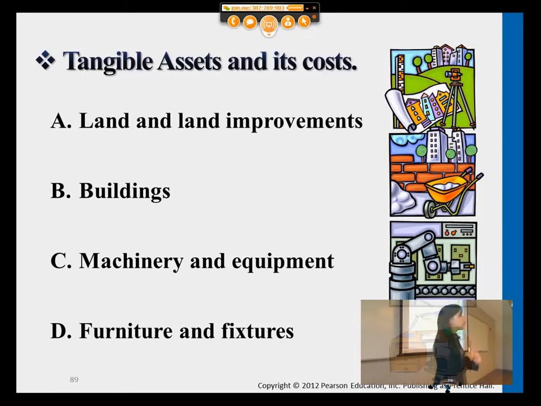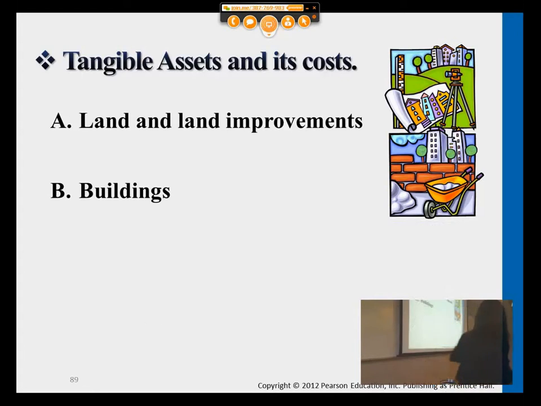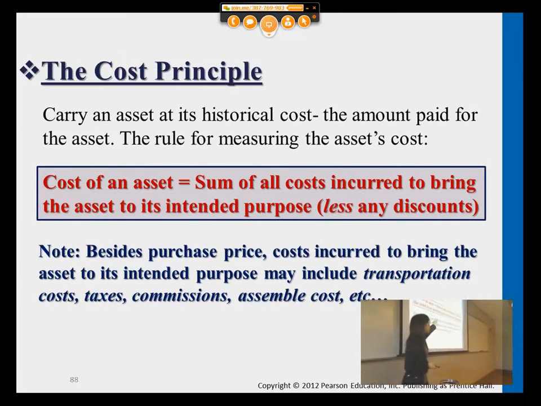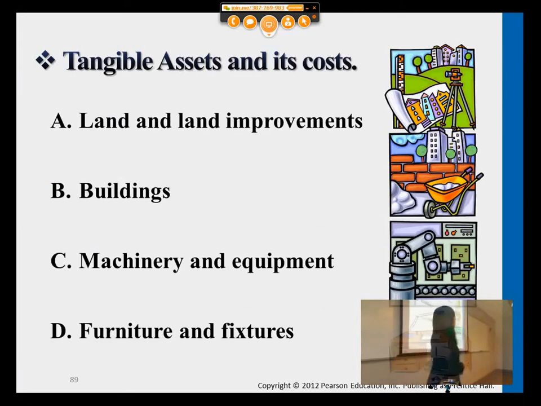So the key point is to know that all the other minor costs to support the asset to meet its intended usage before you actually start using it in the business are all considered necessary costs. So it has to be a sum of all of them. Okay, introducing all the details under these different accounts is just for the purpose of letting you know you have to add them together. Those are all considered costs of the specific asset.